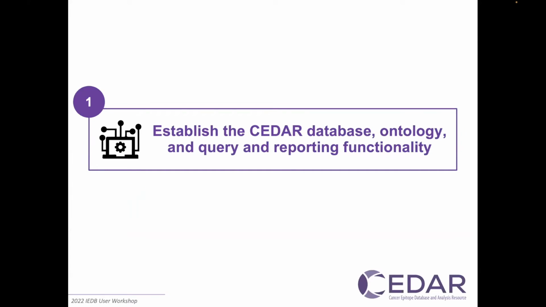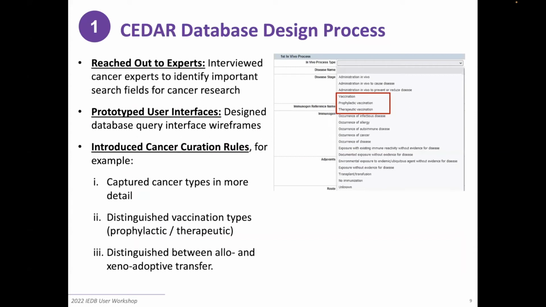So, establishing the CEDAR database. We applied a multi-pronged process, which is again what we have used in an iterative fashion to develop the IEDB. So we reached out to experts and asked questions about what they thought was important in undertaking the task of a cancer database.